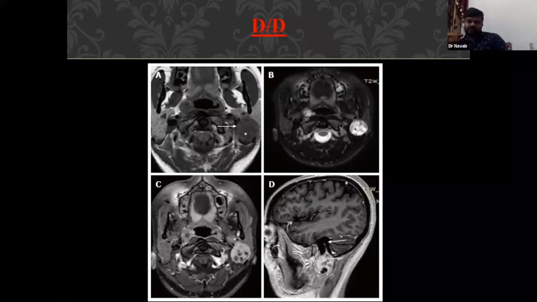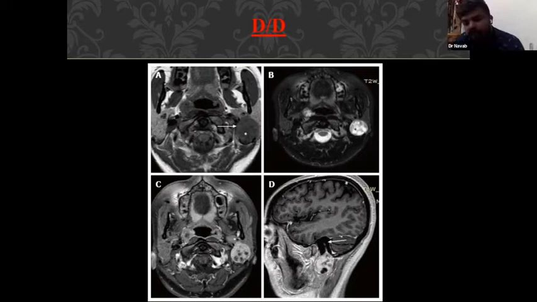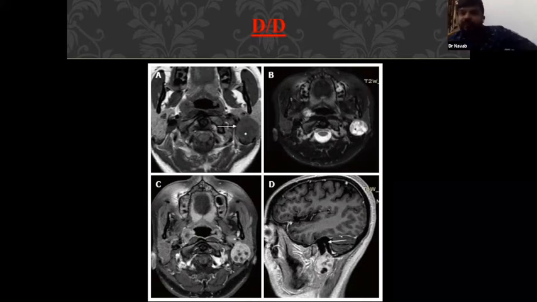It's from the facial nerve. So that is a facial nerve schwannoma or neuroma, extending superiorly to the stylomastoid foramen. This is called the string sign. I will ask another question.